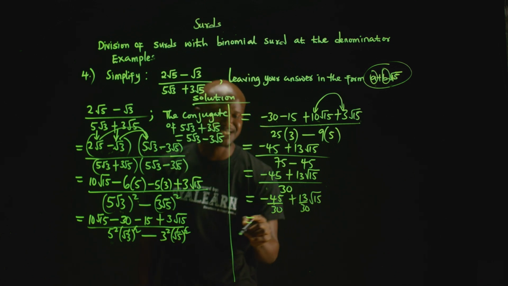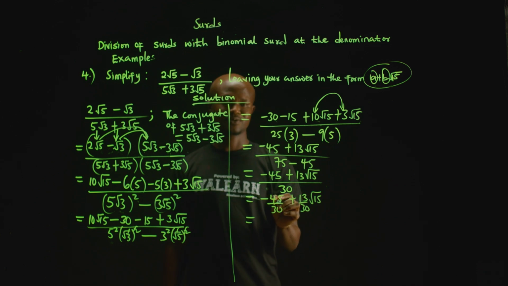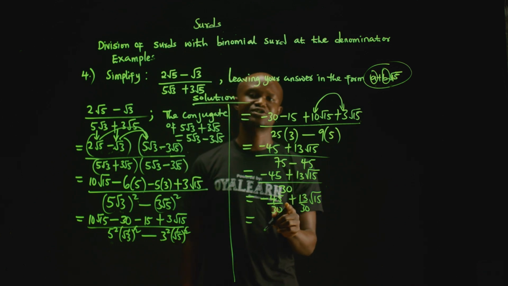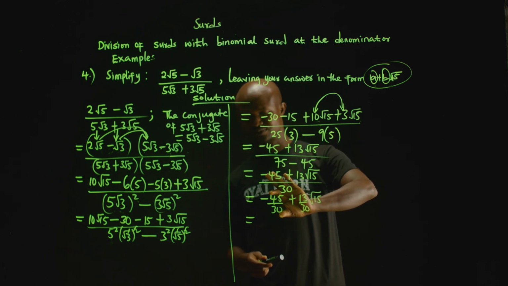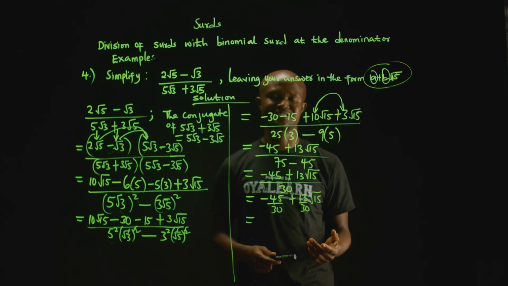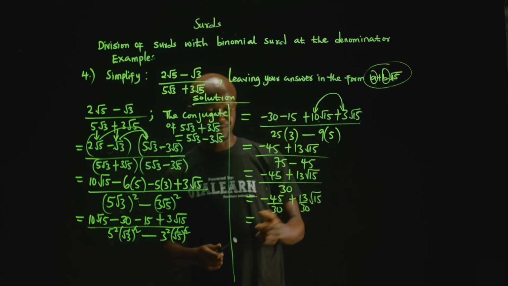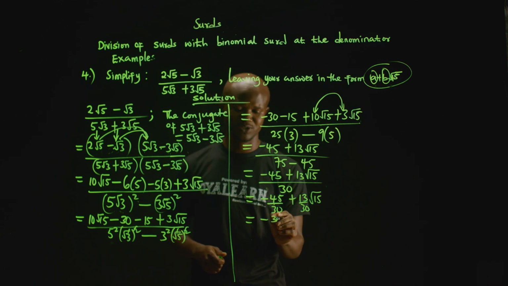Now we can split this further, because for the first term, we have a number that can divide both numerator and denominator. 15 can divide 45 and 30. 45 divided by 15 is 3, and 30 divided by 15 is 2. Plus 13 over 30 root 15.